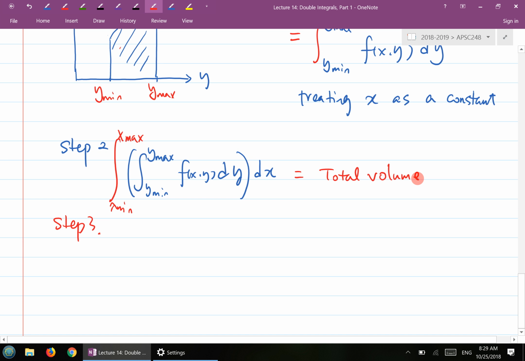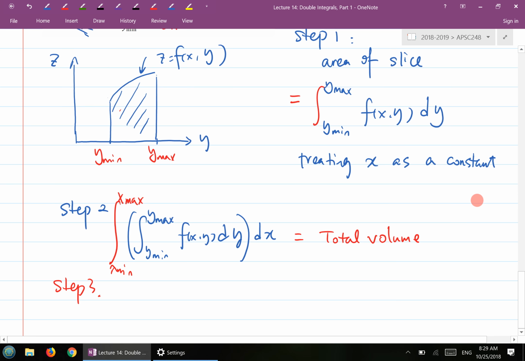Okay. So before we go anywhere further, let's revisit these two integrals at here. So essentially here we get our double integral. The key, as you can see, is to determine the limits of these integrals, right? The limits of the integrals here. First, y min y max.